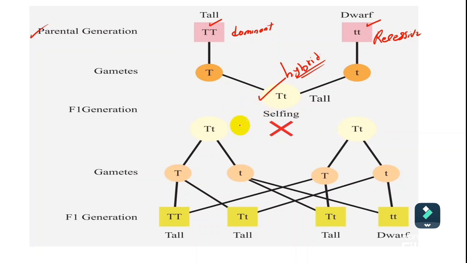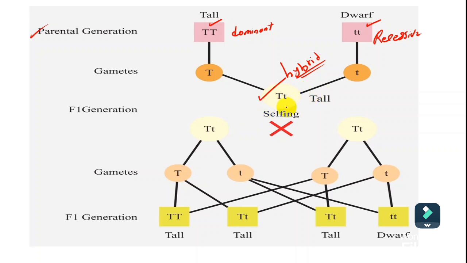In general, if only one of them is capitalized, this means that the trait is a dominant trait, a strong trait. That's enough: having only one allele capitalized, and the other one lowercase, means the trait is dominant.